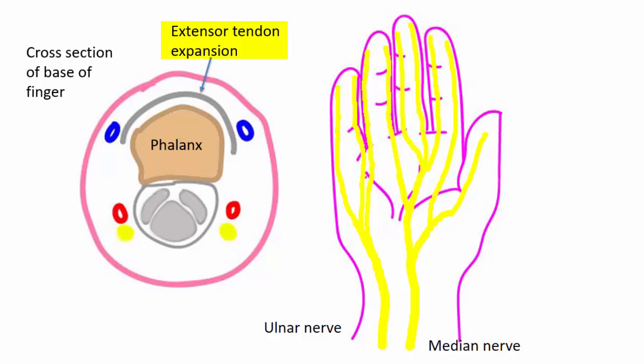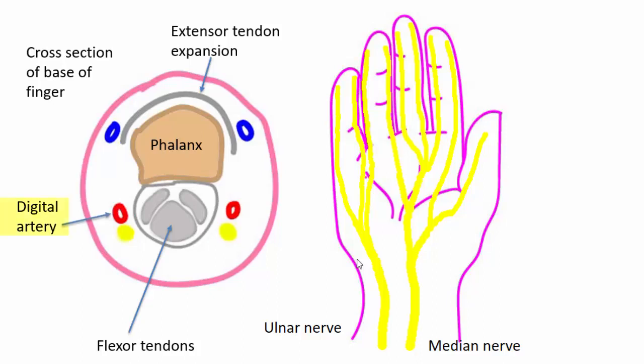The extensor tendon at this point is like an expansion, a wide aponeurosis. On the palmar side, we've got the flexor tendons, the profundus tendons and the superficialis tendons, the two slips from the superficialis tendon heading off towards the base of the middle phalanx. That's surrounded by the flexor sheath, and we'll come back to the flexor sheath later.